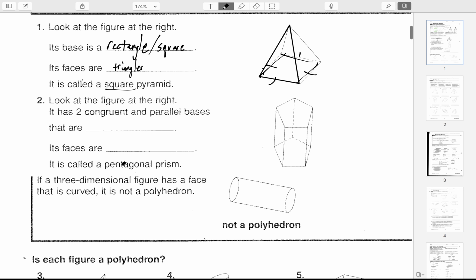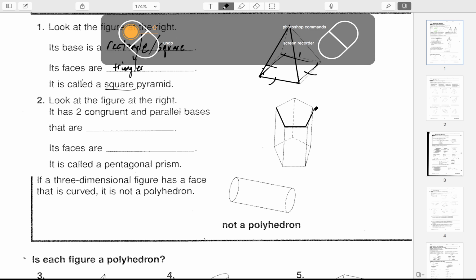pyramid. So look at the figure at the right. It has two congruent and parallel bases that are what? Two congruent and parallel bases. Now what kind of shape is this? It has 1, 2, 3, 4, 5.